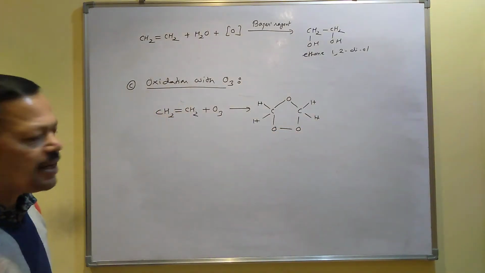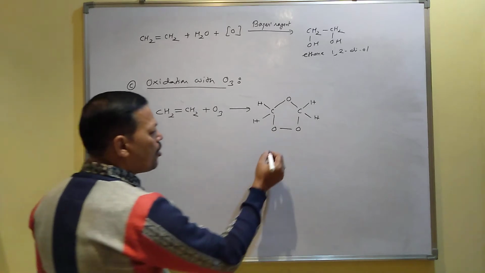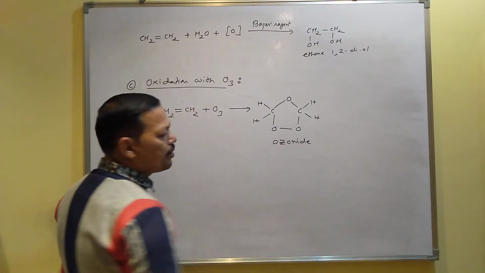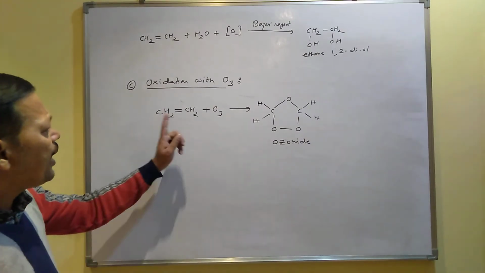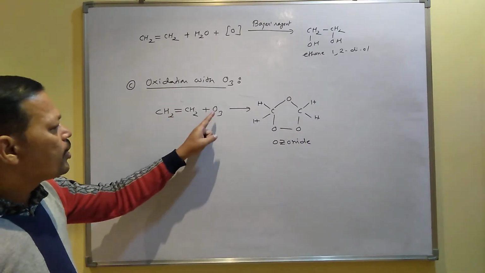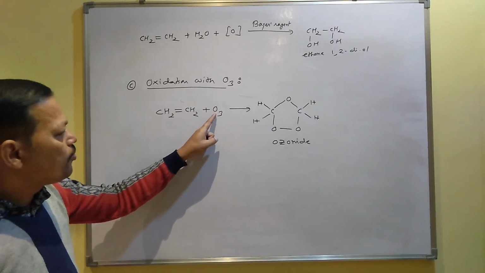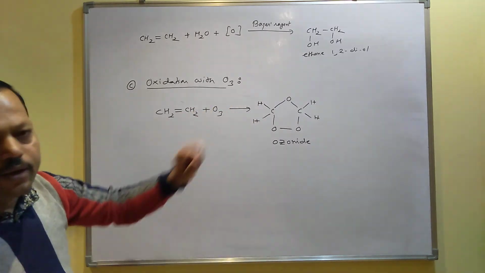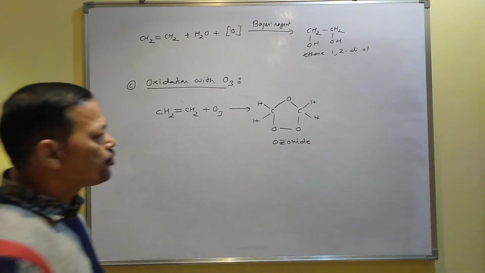It forms a cyclic compound, and this compound is called an ozonide. So when an alkene is added with ozone, all the 3 oxygen atoms of ozone join at the position of the double bond in this way, which is called an ozonide.